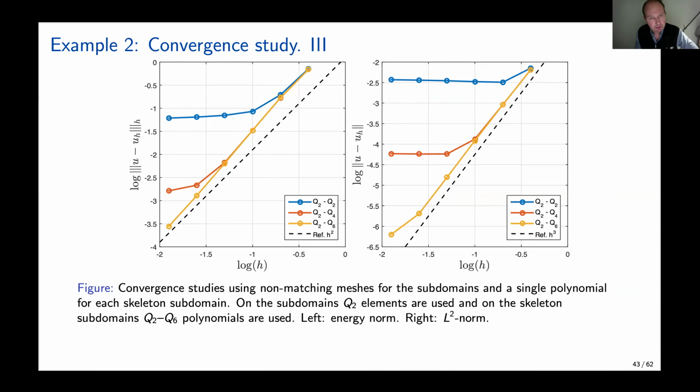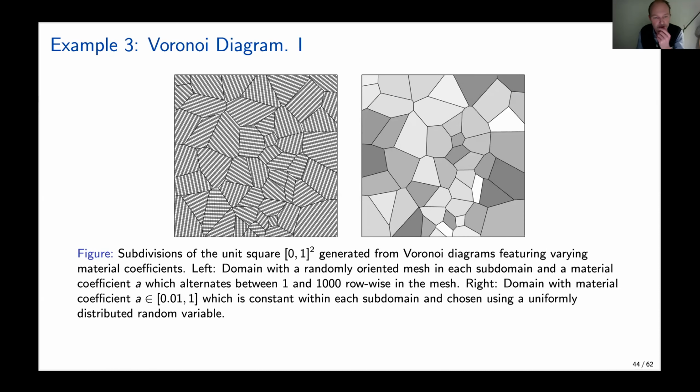So, if the solution is not too complicated or does not have too many small features, or you're perhaps not interested in super resolution of small details, then this approach seems to be quite interesting for model coupling. So this is another example showing what you can do. Here we have a kind of Voronoi partitioning, and we have an anisotropic material to the left, and here we have just variable coefficients to the right.